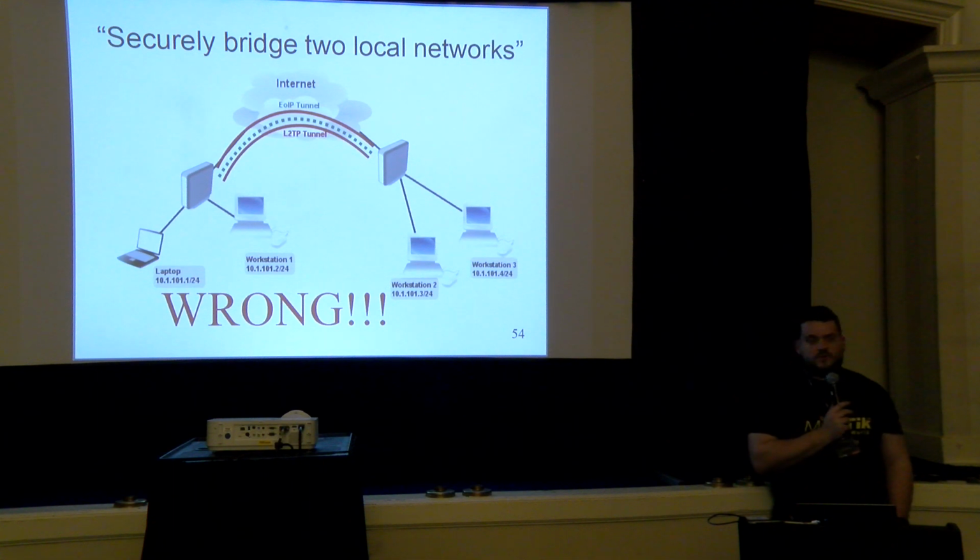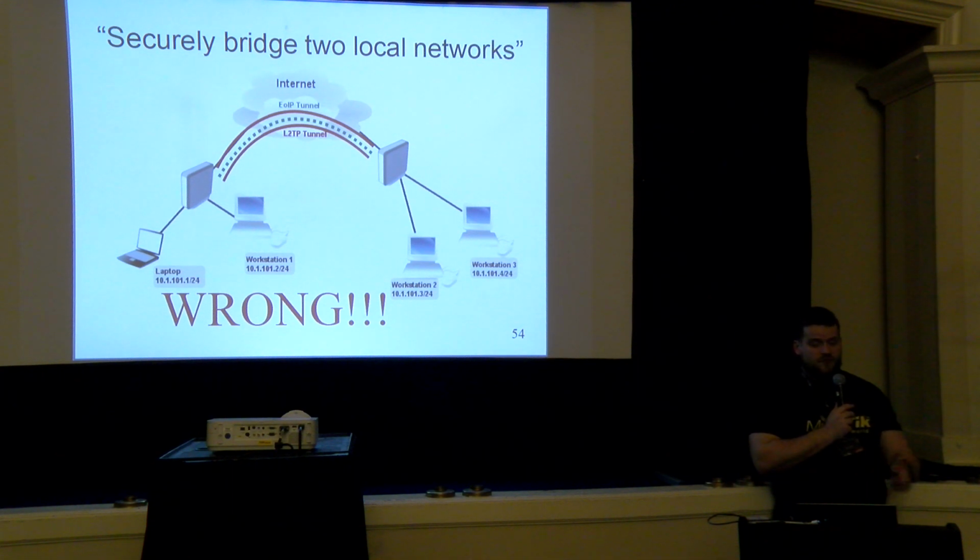Then, of course, Mike needed to securely bridge two networks. So the first implementation that he came up with is to run L2TP and run Ethernet over IP over it, which was fine like 10 years ago, okay, 5 years ago, I would say.